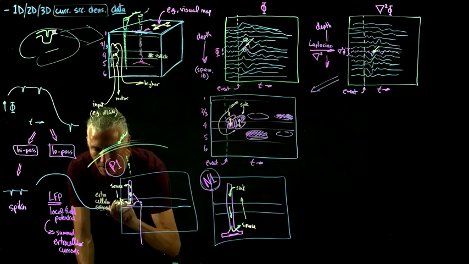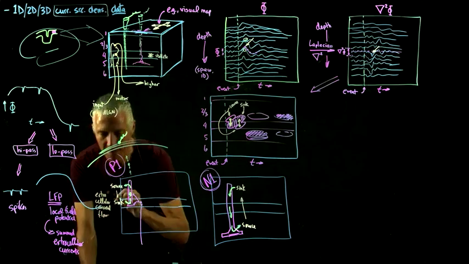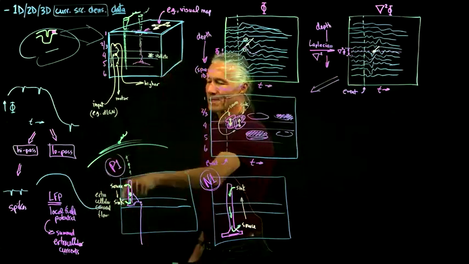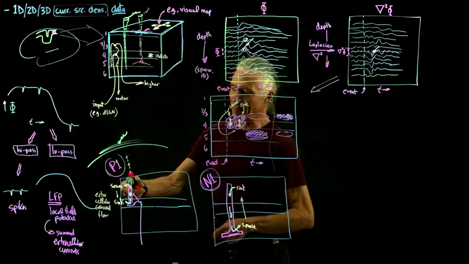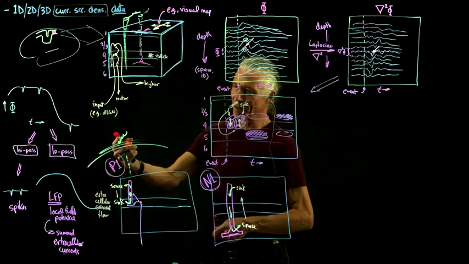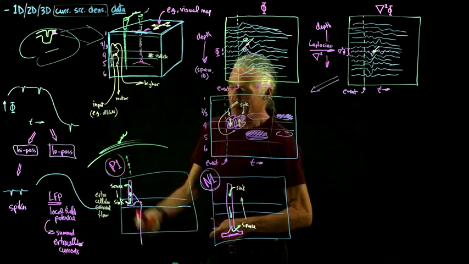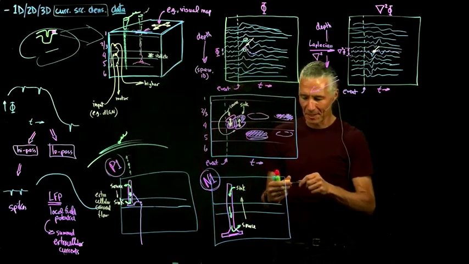So the extracellular current flow is going that way. This return loop appears as a positive number at our electrode. Yeah, so many sign changes.